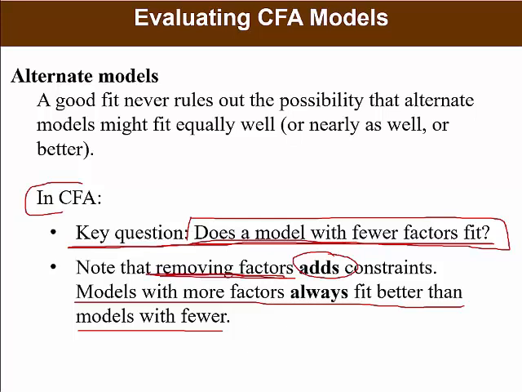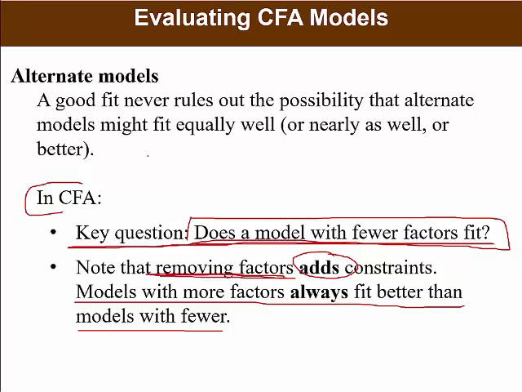So in other words, if I have a set of 10 items and I say I can explain the variance in these 10 items with just 1 factor, that's more constrained than if I say I can explain the variance in these 10 items with 5 factors. Explaining variance with 5 factors is a looser, more relaxed model that has fewer constraints. Explaining all the variance with just 1 factor is a more constrained model.